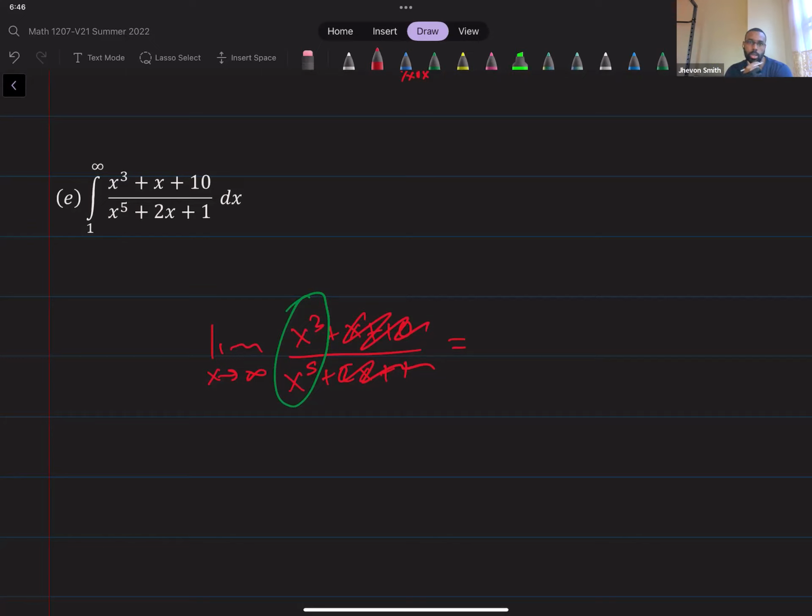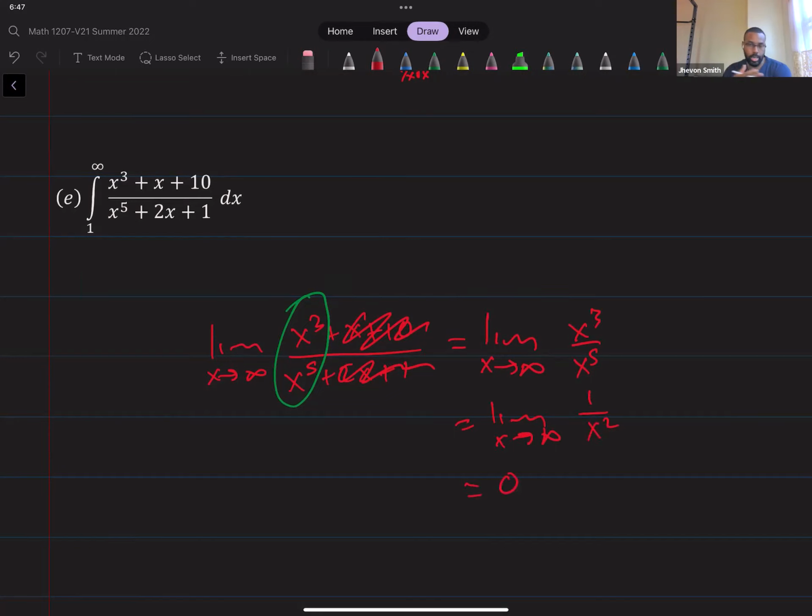And so based on what the largest powers are doing, you can essentially determine what the entire limit is doing. So essentially, this limit is actually equivalent to just this limit, which of course is this limit, which you know is 0.